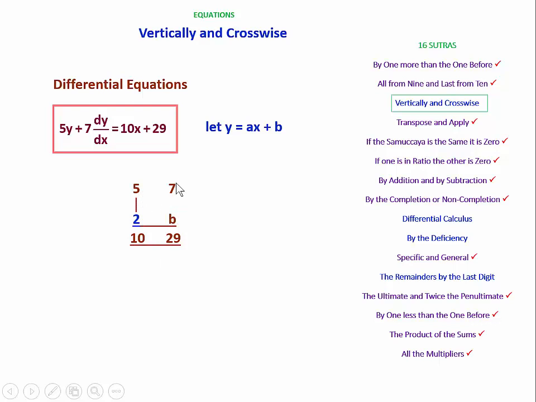And the crosswise total, we multiply crosswise and add, has to come to 29. So here we've got 14, which leaves us 15 out of that 29. So therefore 5 times b is 15 and b is 3. So we get 2 and 3 for a and b, and so y is 2x plus 3.